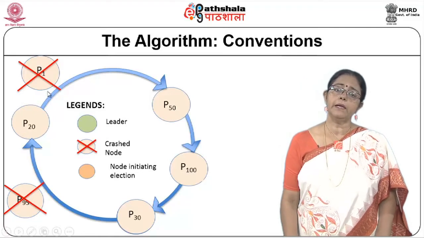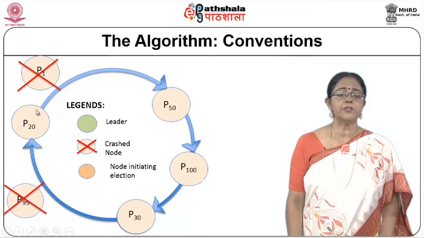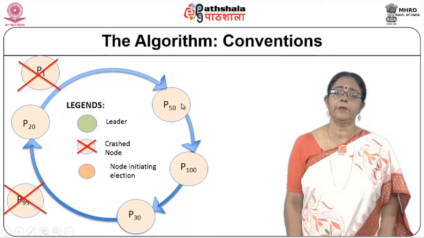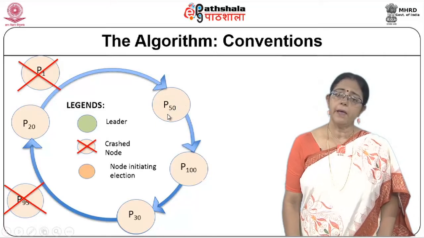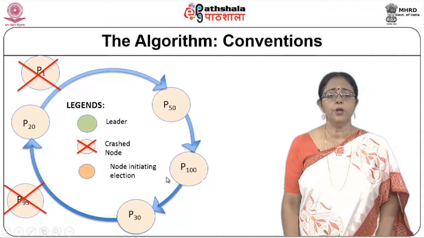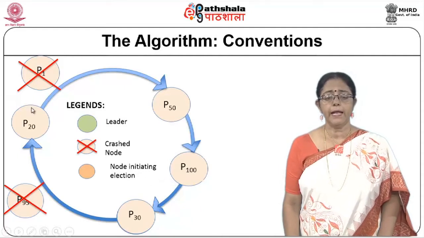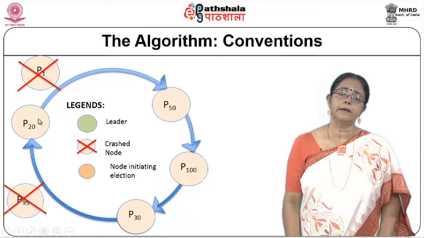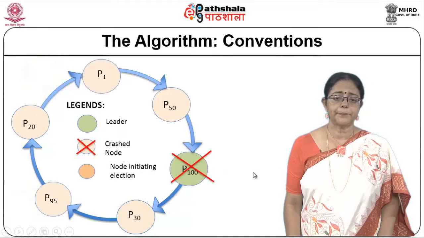Now that P1 has crashed or is not working properly, P20 is able to communicate directly to P50. So, anytime a node crashes, be it the current coordinator or any other node, we remove that node from the ring and let the 2 in-between nodes communicate with each other directly.